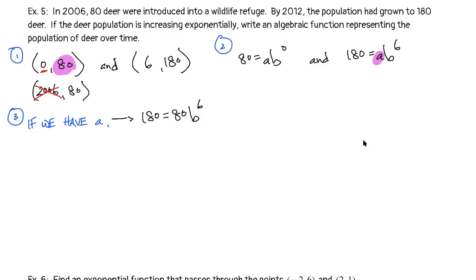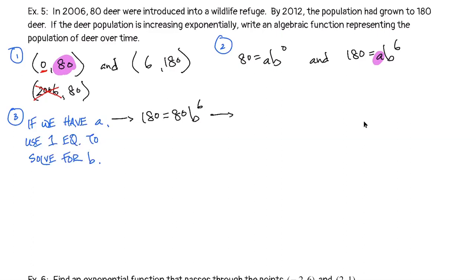Okay. In this equation, how do we get B by itself? Divide by 80 on both sides. I love it.